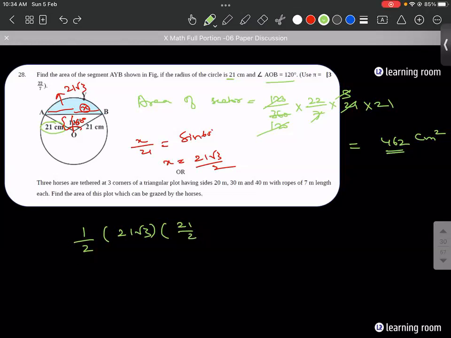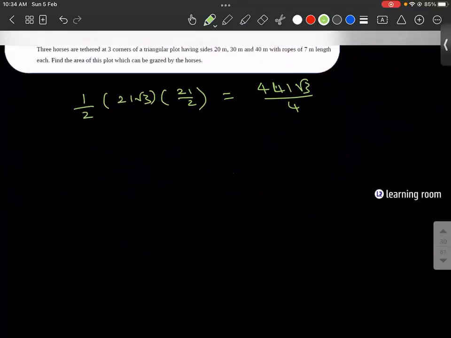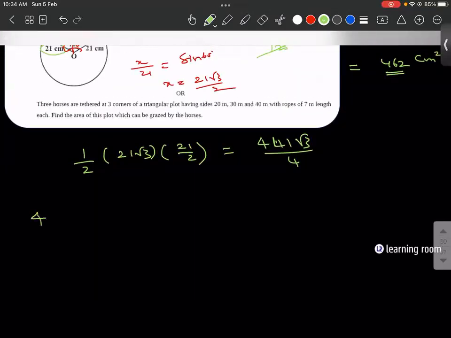Then how much will be the answer? 21 into 21 is 441 into root 3 divided by 4. So the answer will be 462 minus 441 into root 3 divided by 4.